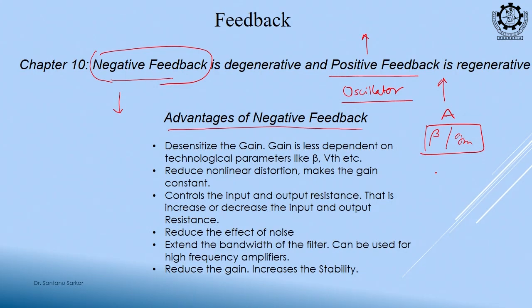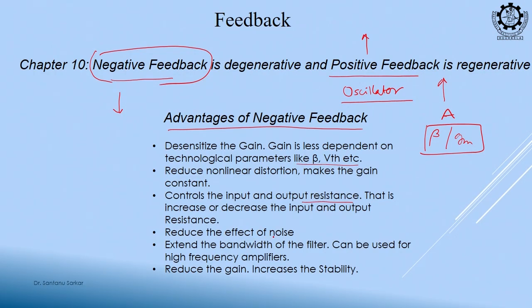So, these are all written here. Desensitize: the gain is less dependent on technological parameters like beta, threshold voltage, etc. It reduces the nonlinear distortions, makes the gain constant, controls the input and output resistance. The input resistance and output resistance are also affected by this negative feedback, they get increased or decreased, and we will see that it actually helps.